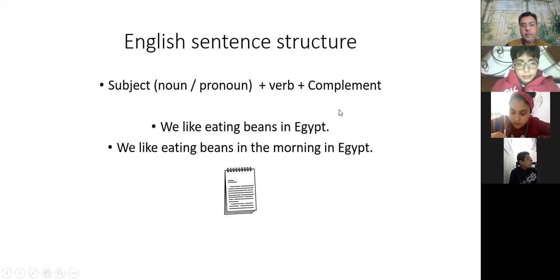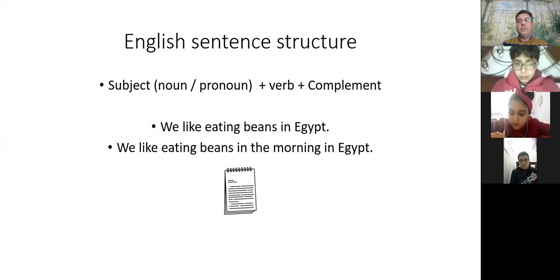Firstly, let's start with English sentence structure. Let's agree that any English sentence, in any accent, consists of subject plus verb plus complement.